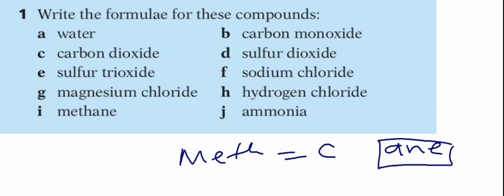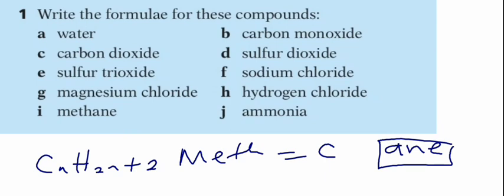This tells you that this is an alkane. Alright, so the chemical formula for all alkanes is CnH2n+2. So this is the chemical formula of alkanes.